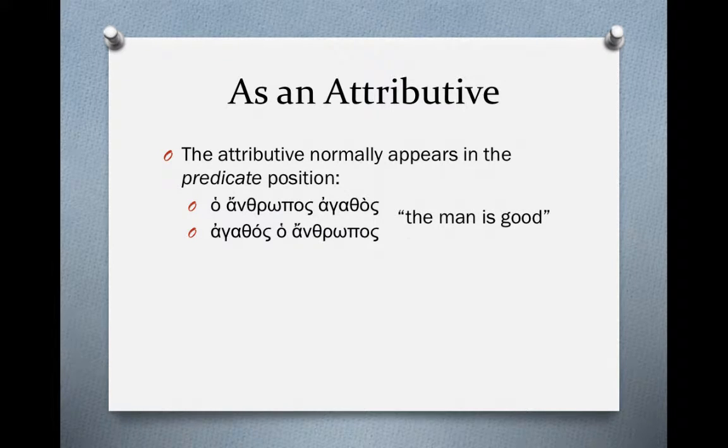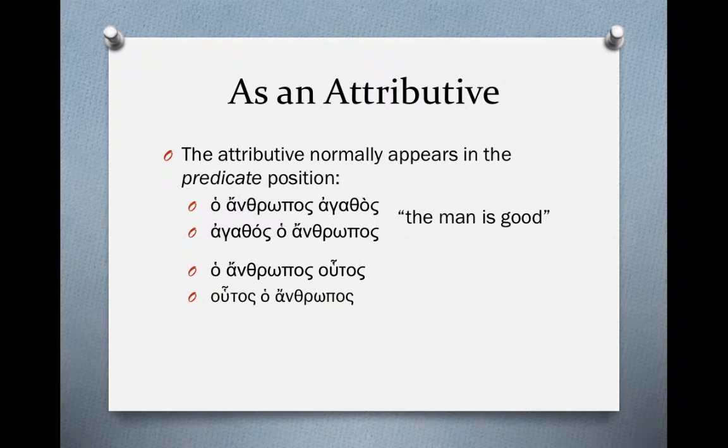If we saw a construction like ho anthropos agathos, in that situation the noun has the article and the adjective doesn't, so we would say "the man is good." The same is true for the construction below it: agathos ho anthropos. The noun, anthropos, has the article. The adjective, agathos, doesn't. So it's predicate: "the man is good."